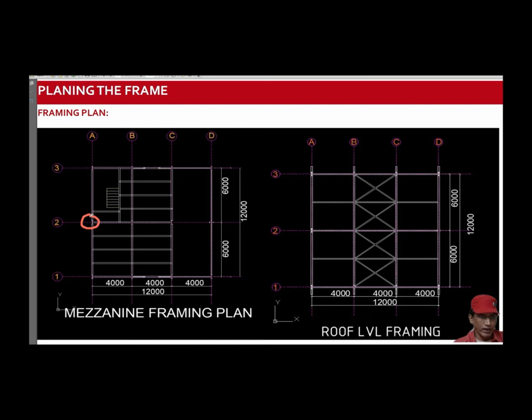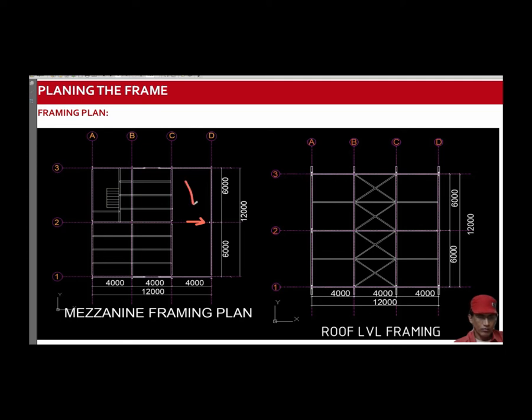One important thing is to note the difference in orientation between the column at the grid intersection of 2 and A and the grid intersection of D and 2. See, this column is oriented in such a way that the wind pressure or any lateral component of the earthquake will be resisted by the major inertia of this column, because this column doesn't have a support at mezzanine level.